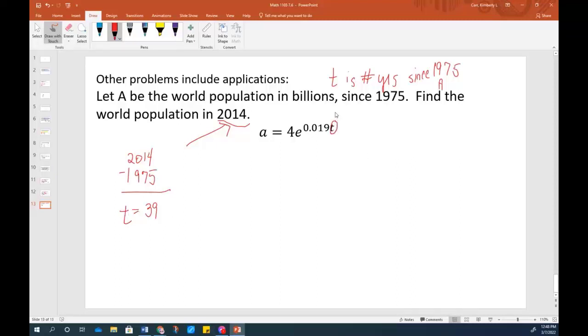So then you're going to take T and just plug in a 39. Now, e is a number. I don't know if you're familiar with it or not, but it's a number on your calculator. You have a key for it. It is approximately 2.72, but not exact, just like pi isn't exactly 3.14. So generally, you should use the key on your calculator.